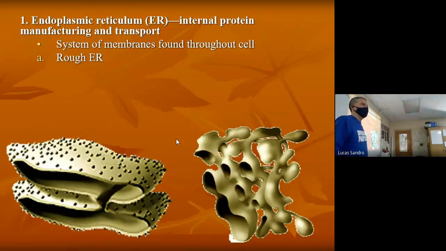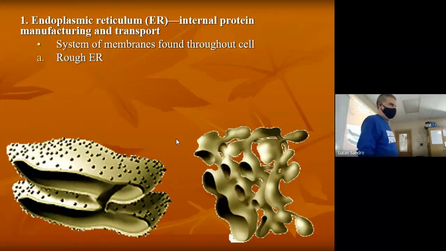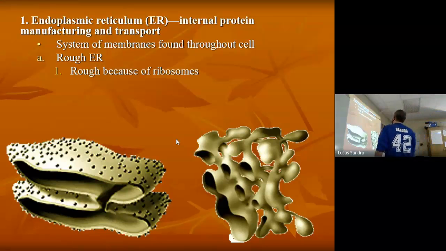And from your coloring page, what's it dotted with? Remember? Good, ribosomes. It's rough because of ribosomes. This is the place that most ribosomes stick to while they are actually doing protein manufacturing.